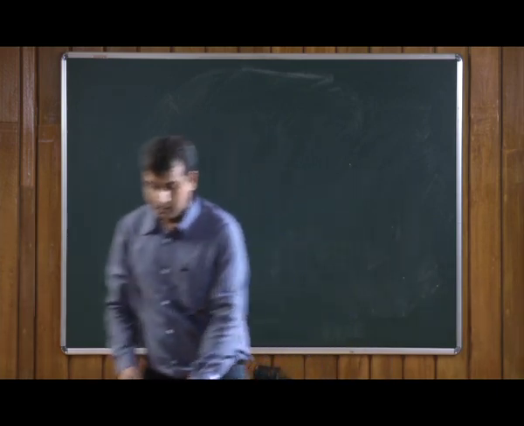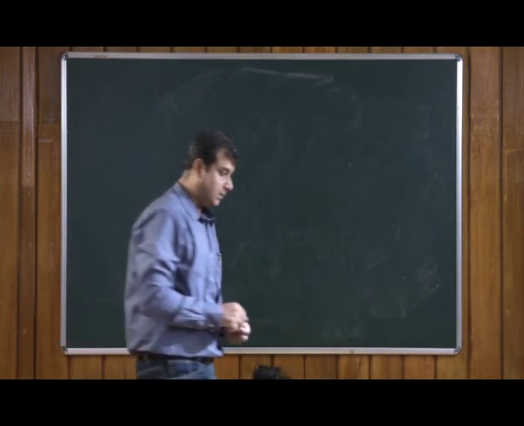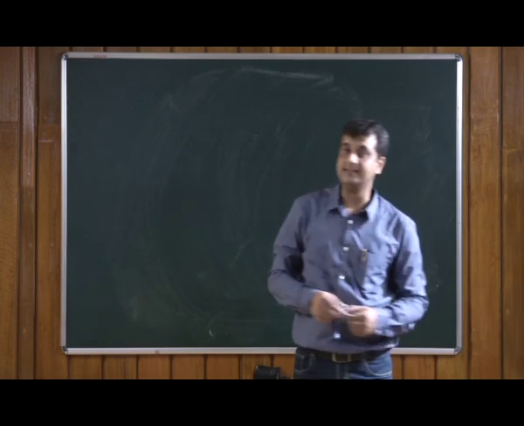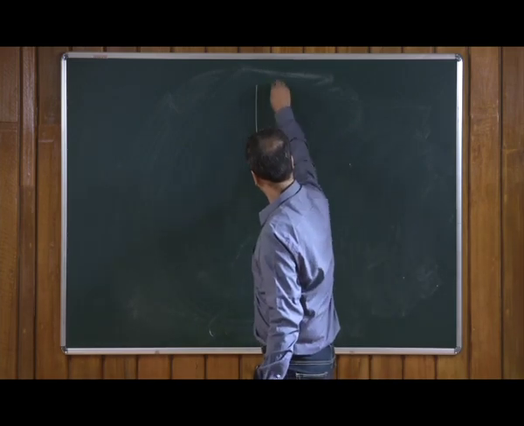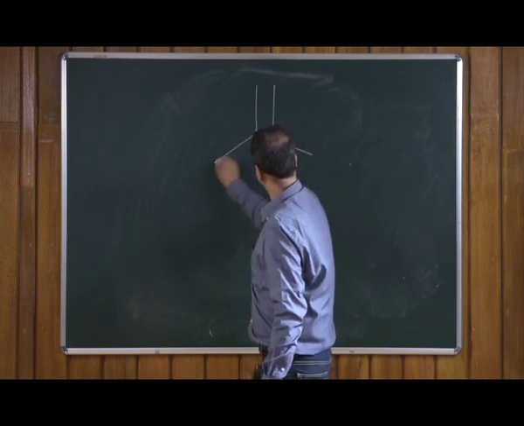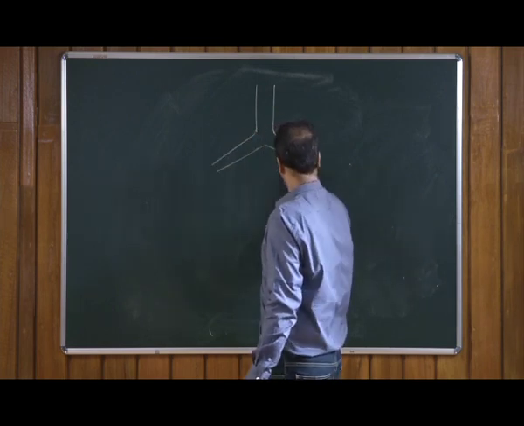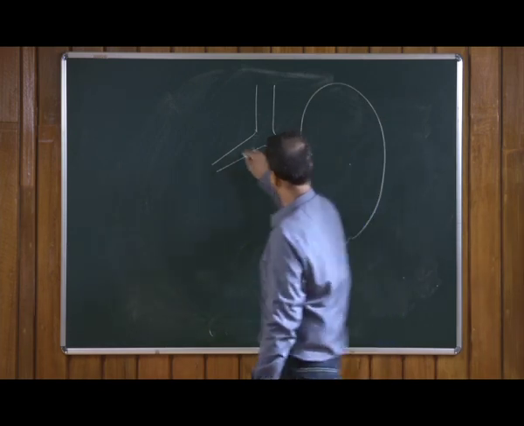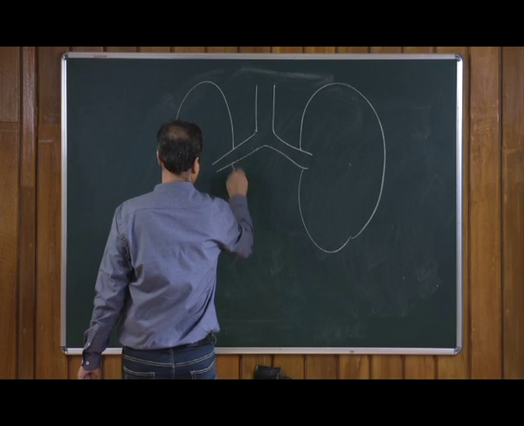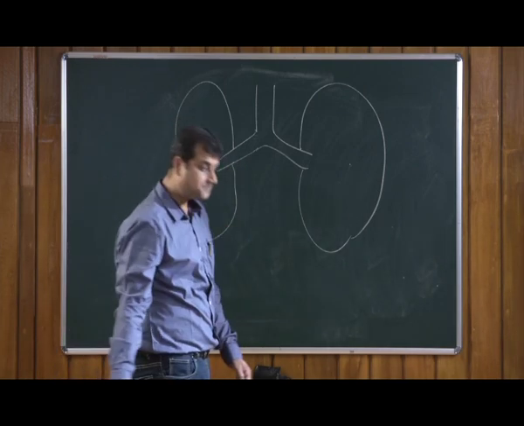So what we have understood till now is the passage and the ultimate organ. Now here is the trachea, and this trachea is coming into a very specialized structure, and these are basically roughly a lung.